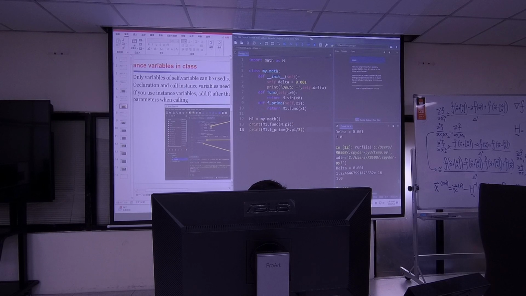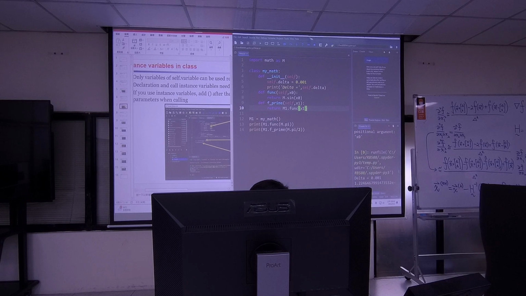So over here I'm running my f prime, right? So f prime passes the value to here, and then it passes the value to my func. So the value goes to my func, and then returns back. Okay? So now I can do some math with my func.